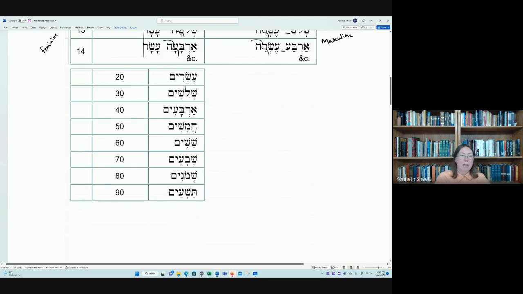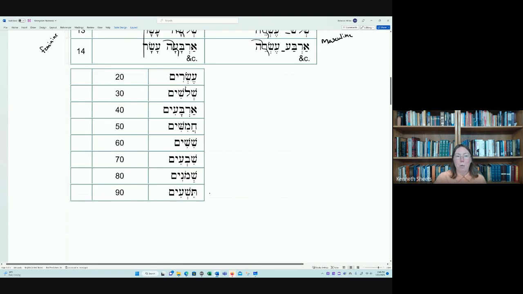So 20. Now 30, what they've done is they've taken the word for three, shalosh, and they've made it plural, shaloshim. Same thing for 40, arba'im, 50, hamishim, 60, shishim, 70, shiv'im, 80, shimonim, 90, tish'im. And so that is what we see there. In essence, they take the ones and they add that plural to it.